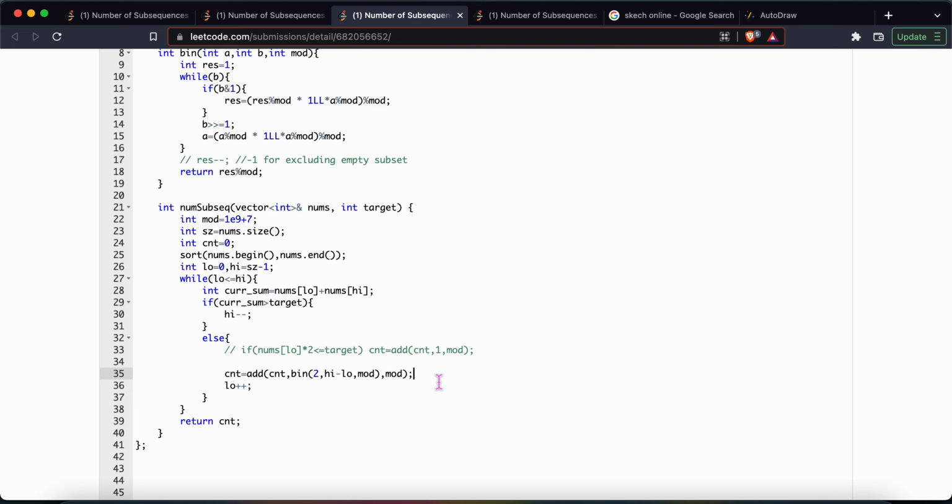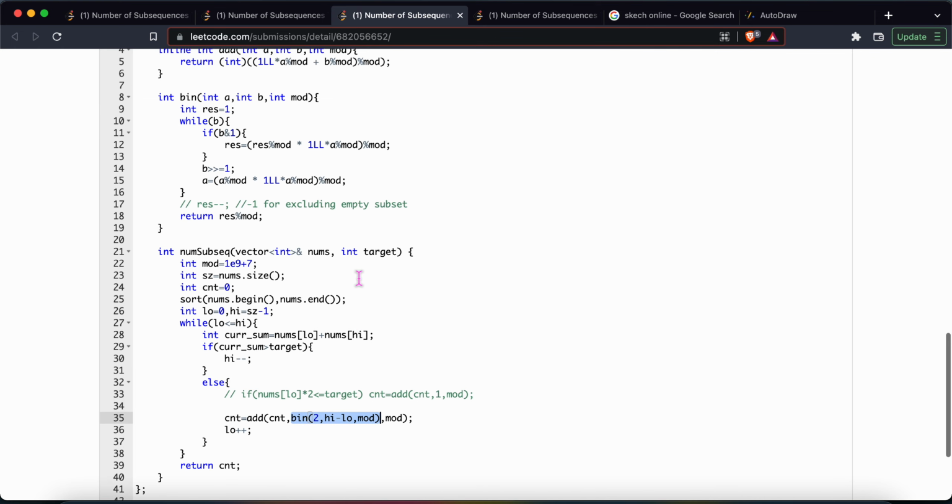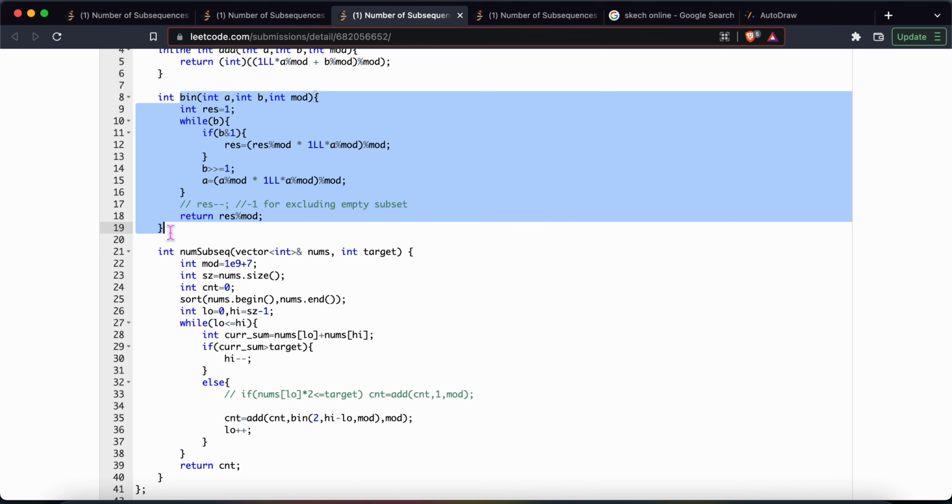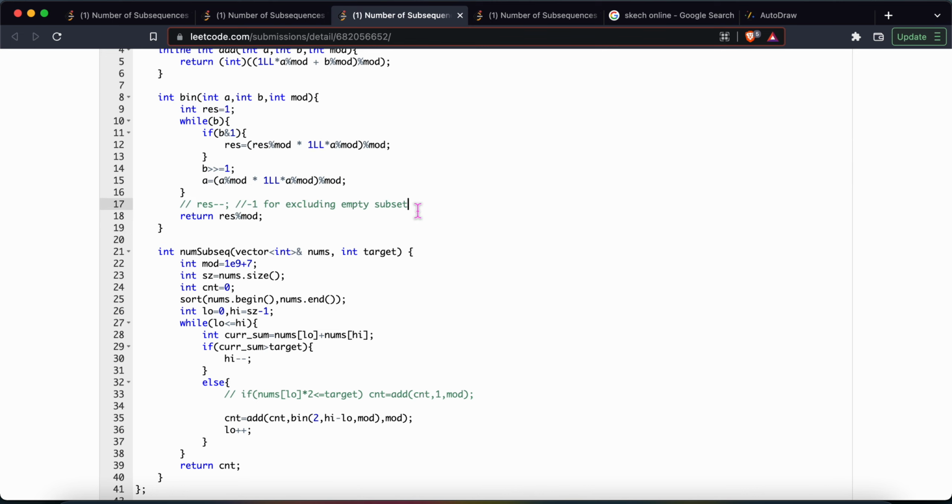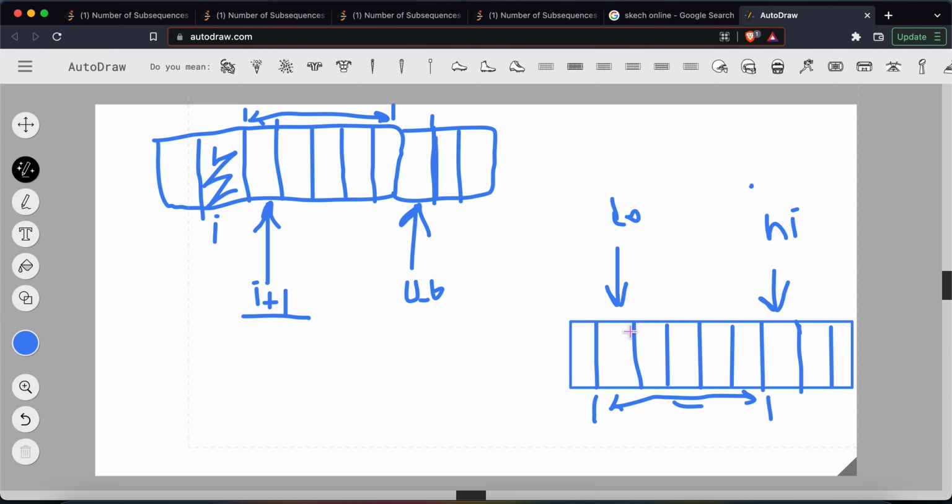Okay, so when we do this, we take all the subsets here, right? We are not excluding the empty subset here. Why are we not excluding the empty subset? Because when we are taking high minus low, it is effectively taking this number of elements, but in actuality it will take the elements from here till high.